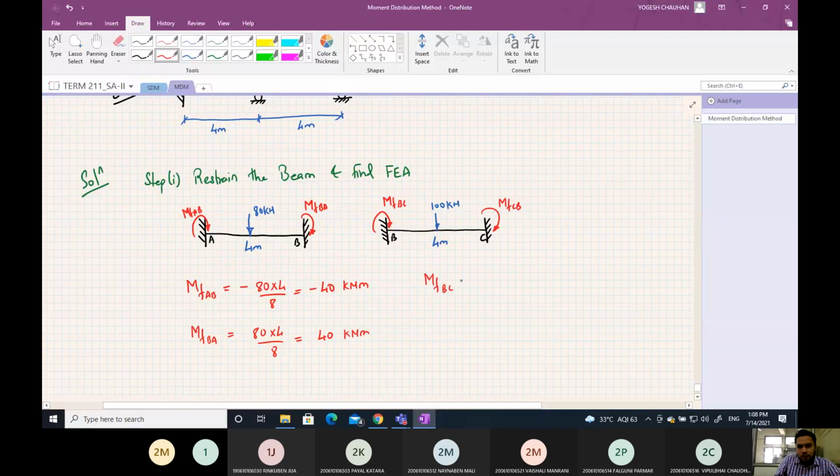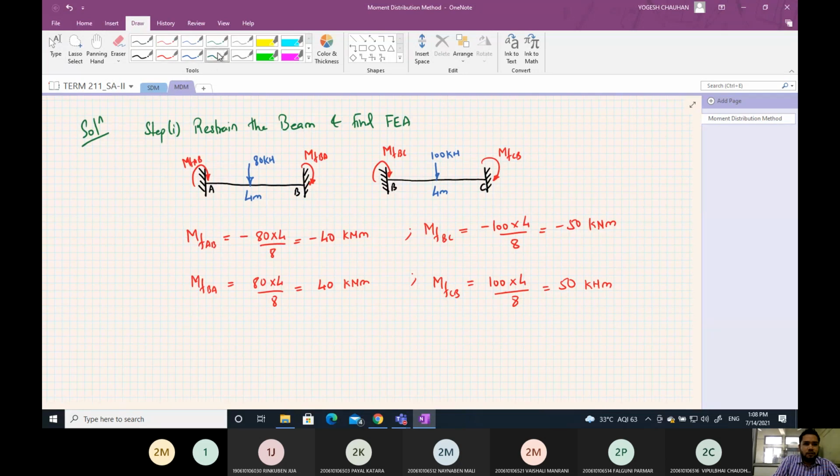MF BC will be 100 into 4 by 8, so that will be minus 50 kilonewton meter. And MF CB will be equal to 100 into 4 by 8, that is 50 kilonewton meter.